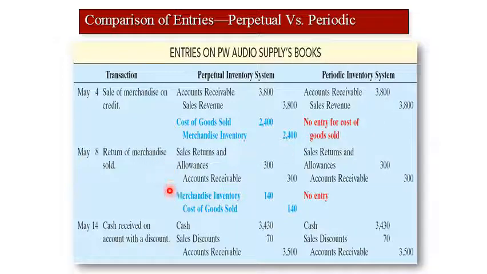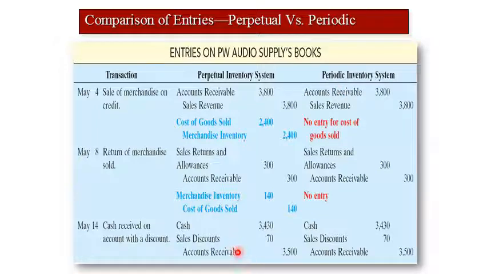You have two entries under perpetual, one for the amount of the sales price of the returned goods and one for its cost. But under periodic, you only have the sales return and allowance at the sales price and the accounts receivable entry, and no entry for the cost of goods sold. But realize, there is no difference between the cash received on account with a discount under perpetual or under periodic.